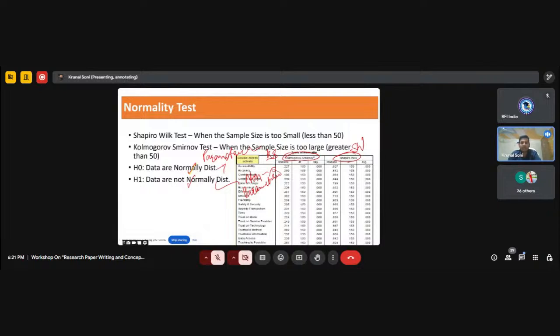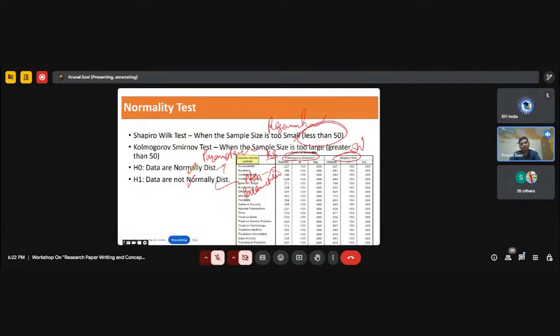Now the question is when to consider the result of the SW test and when to consider the result of the KS test. Here we have to see this. Shapiro-Wilk is applicable when you have a sample size less than 50. So Shapiro-Wilk is mainly not applicable for a PhD study; it is applicable to a research paper if your sample size is limited to 50.